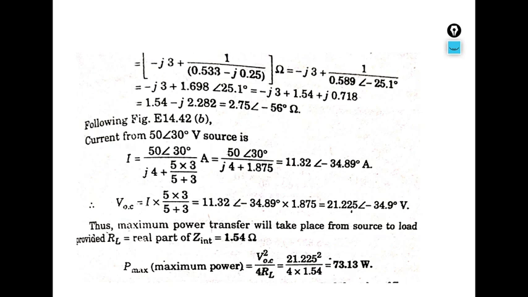So VOC by ISC, that means V by I, can give us ZTH. We know that ZTH and Zn are both the same. Norton's and Thevenin's impedances are the same.